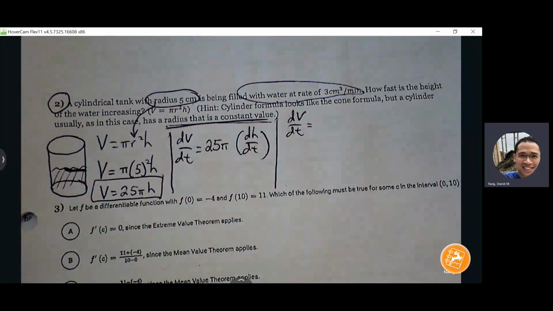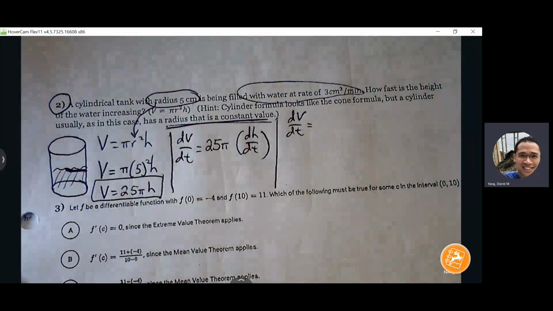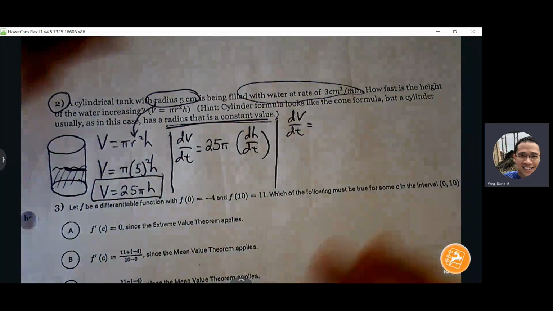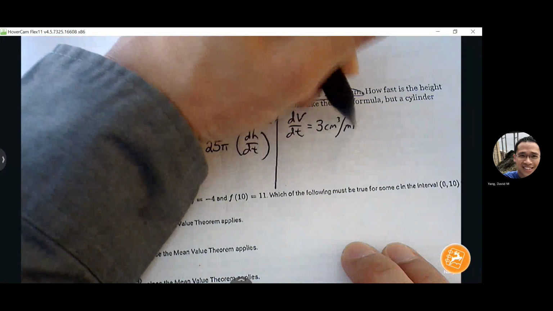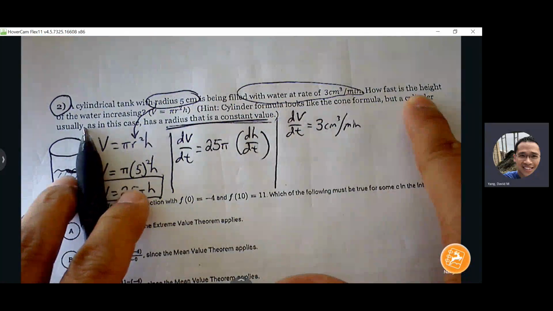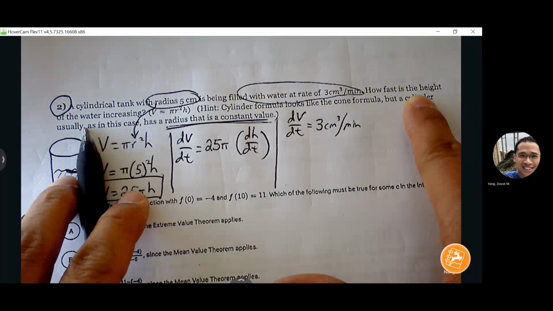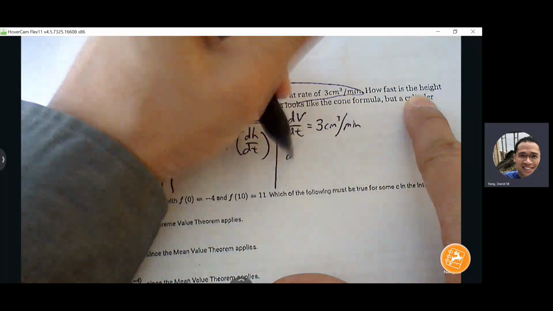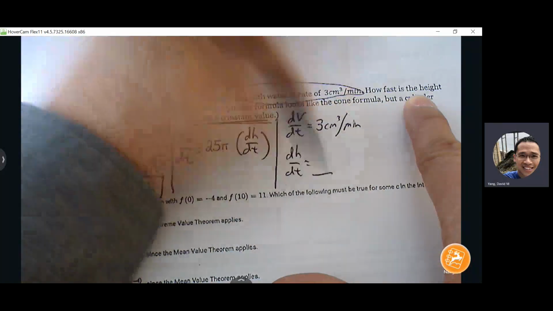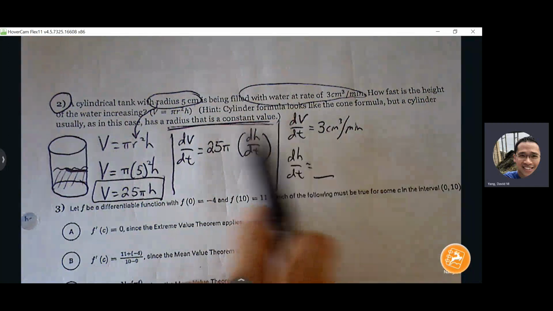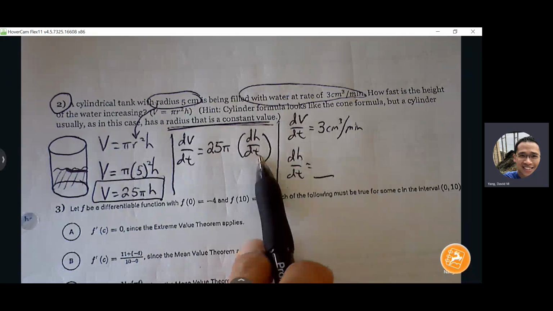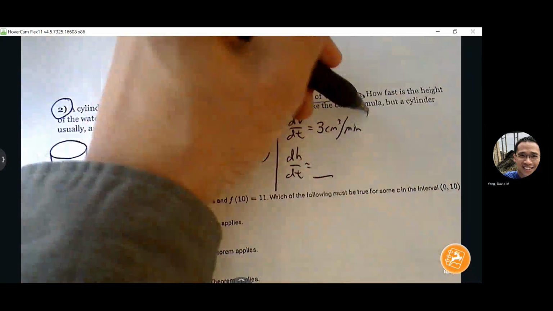Positive because it's being filled, right? So we know that the water in the tank is increasing, that volume is growing. How fast is the height of the water increasing? We're looking for dh/dt. So everything that we need is in front of us. We're just one piece away, right? We just replace 3 in for dV/dt, and we solve for dh/dt.